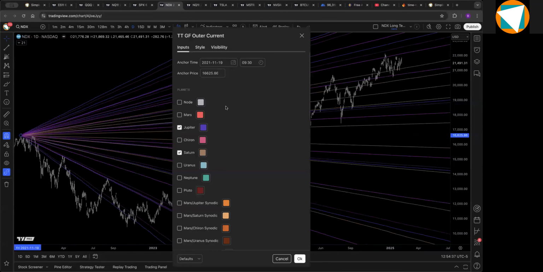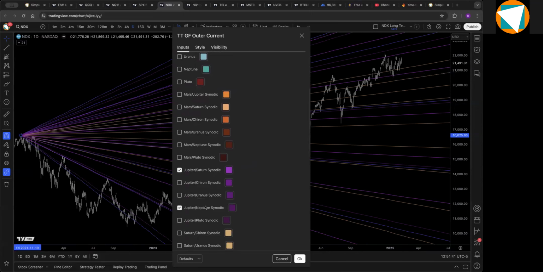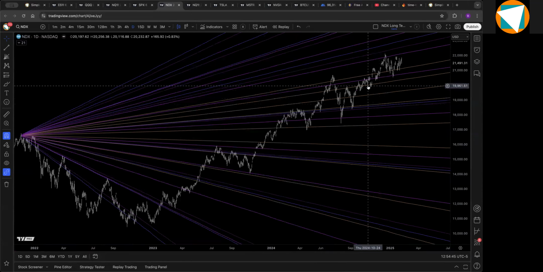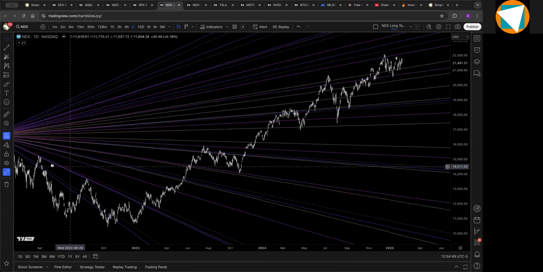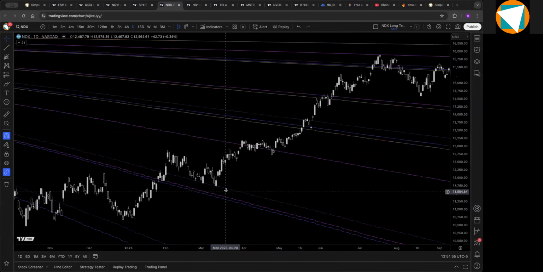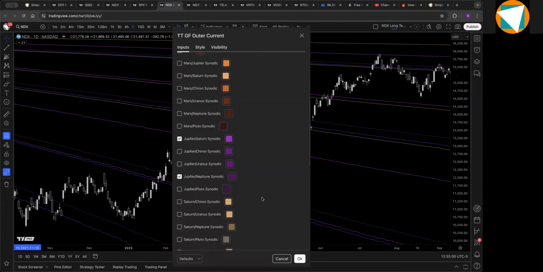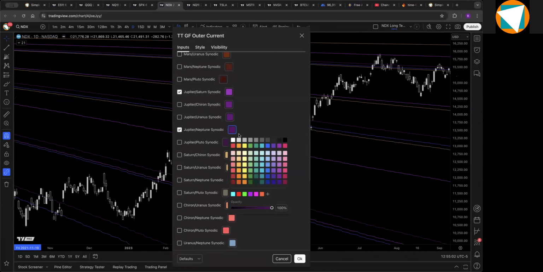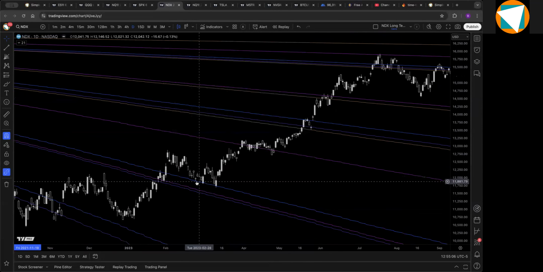So these are the same planets as before: Jupiter Saturn Synodic, Jupiter Neptune Synodic. And we can see here how these Gann fans have also provided significant support and resistance. If we zoom in here, we can see how this line, which I think is Jupiter Neptune Synodic, let's make that one blue so it's a little clearer.